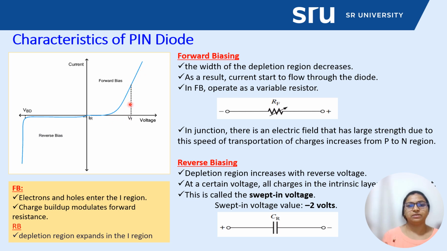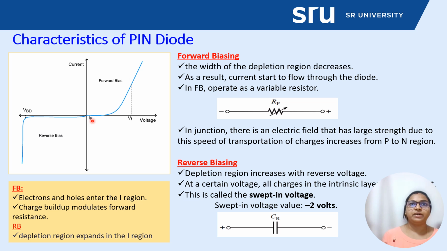So this is the VF, and in forward bias there will be no current in this region; we can see it is a sloping line along the voltage axis, around 1.4. Typically it is 1.4 for a PIN diode, which is very high compared to the normal PN junction diode, where it is very low, like 0.5, 0.6. Then it rises very sharply and resistance drops.